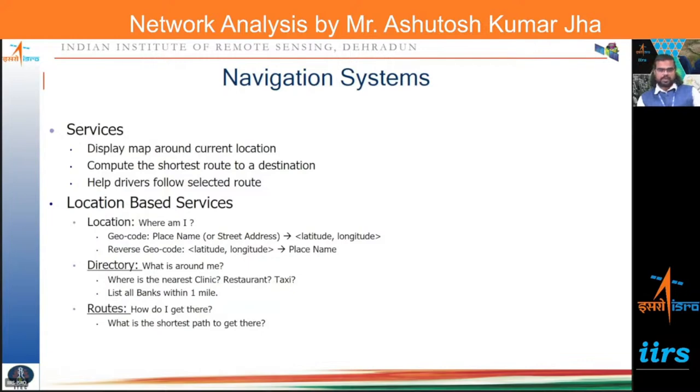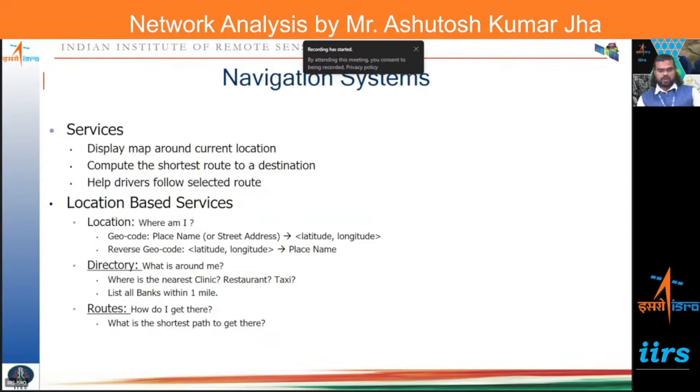But in the case of directory search, you do the searching on the network data set. You take the actual road length, distances, or maybe some other associated cost, and then you compute the target locations. So this is slightly different from buffer analysis.